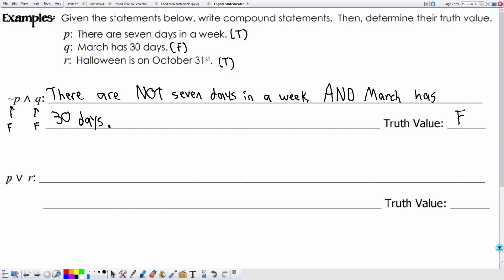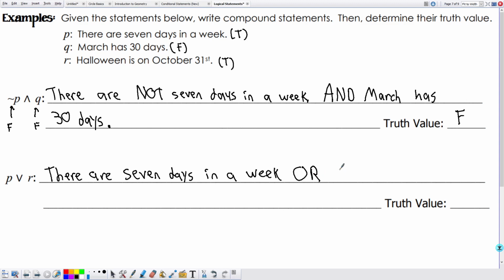We have P, down arrow, R. So this is our first disjunction symbolized with the down arrow. So let's write out statement P. There are 7 days in a week. The down arrow disjunction means we're going to join the statements with the word or.